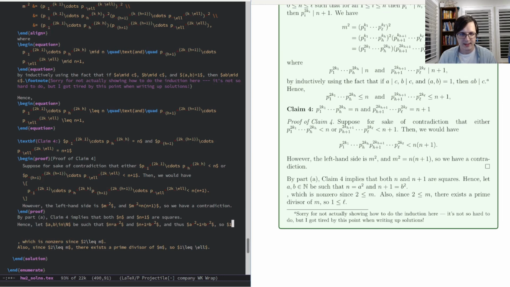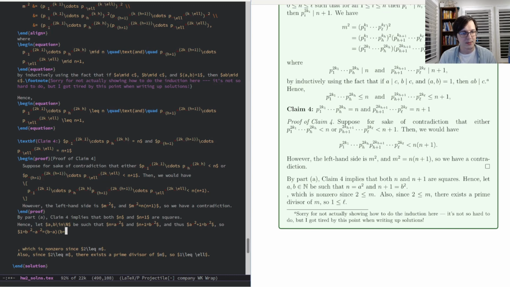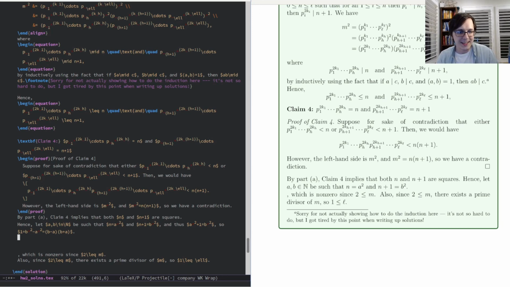So 1 is b squared minus a squared, which is b minus a times b plus a. So when you have a product that's 1, the only divisors of 1 are plus or minus 1. How do I want to say this? There's probably a better way, but oh right, here's one thing that we know, just to simplify it.